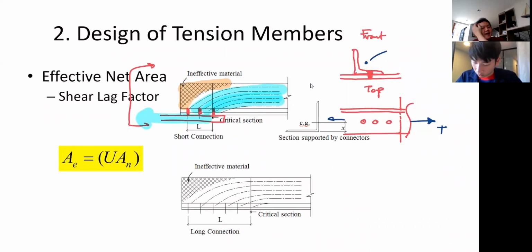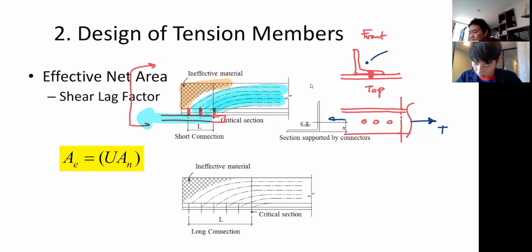When you cut the free body diagram and you look at the bolts, let's say we have 3 bolts, just like this picture, it means that each bolt will take 1/3 of the force, right? T over 3. Now 3 comes from the fact that we have 3 bolts in this picture. So at the first line of the bolt hole, the force in the member is still T, right? Because you don't have anything traveling down the bolt yet.